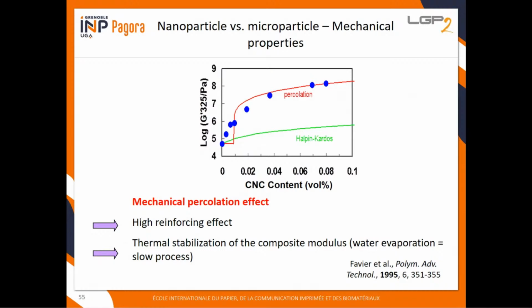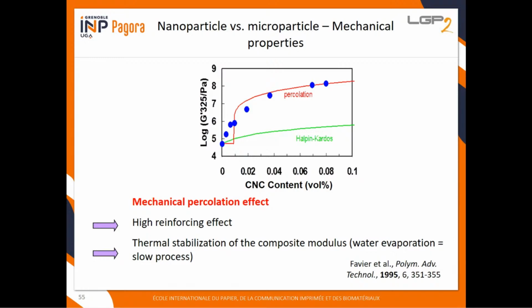So it was found a long time ago. You can see it almost 30 years ago. So it was my first paper on cellulose nanocrystals. We tried to use these nanoparticles for composite application.